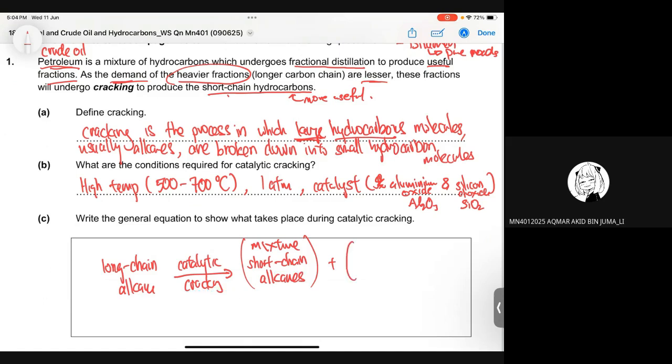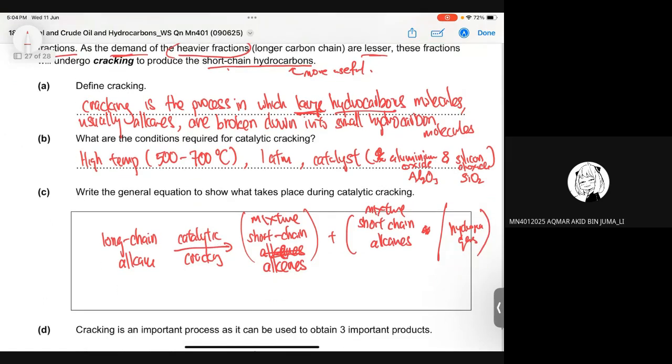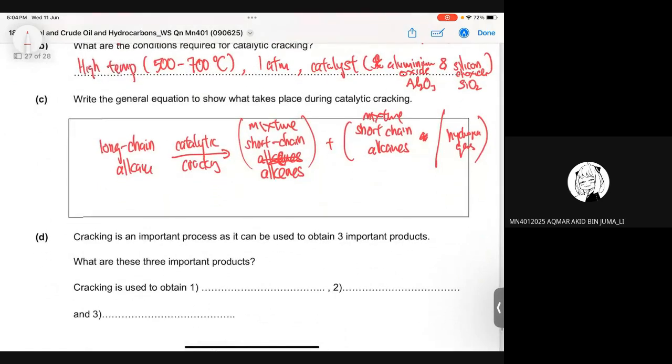So you get a mixture of short chain alkanes, plus short chain alkenes. Let me write alkenes. Or the alkenes plus hydrogen gas. Hydrogen gas can be produced from this reaction, so it's either alkenes plus alkane or alkenes plus hydrogen gas. Why is it important?